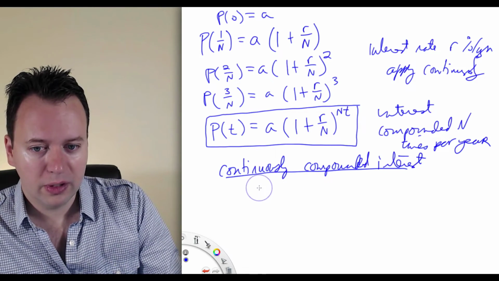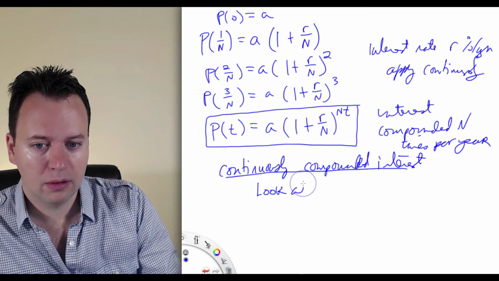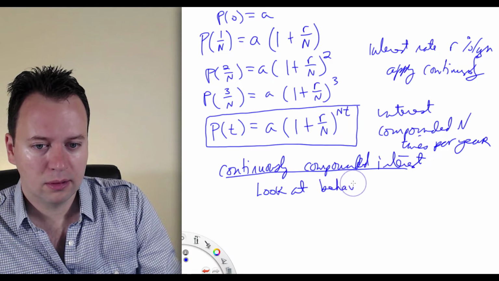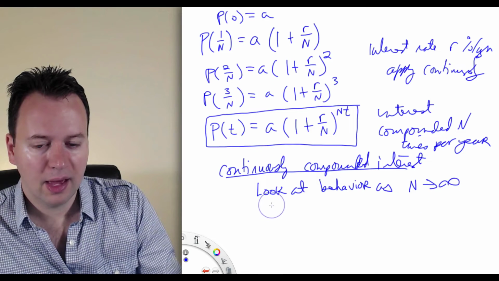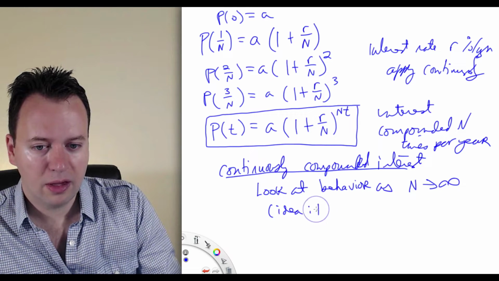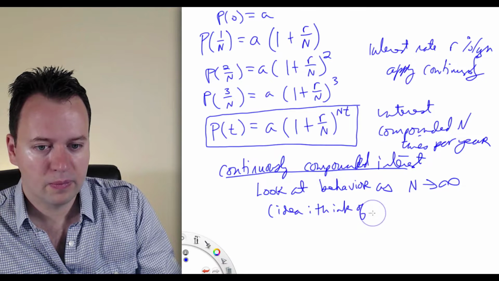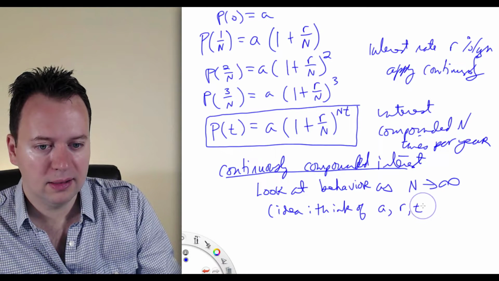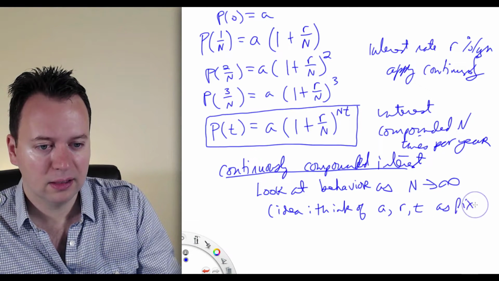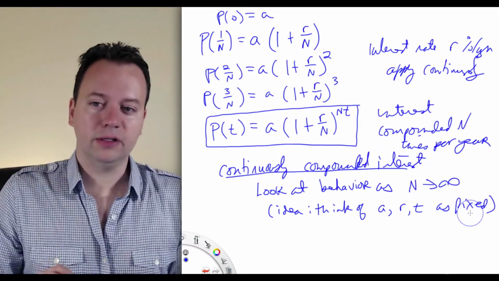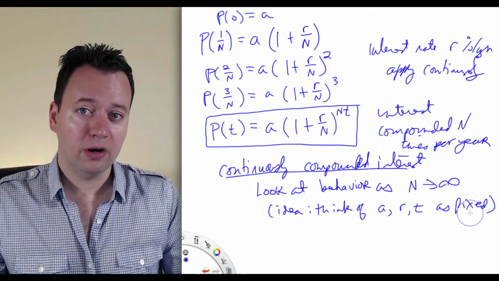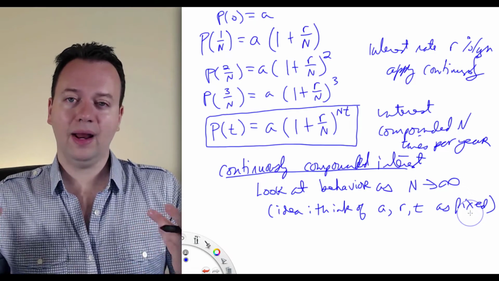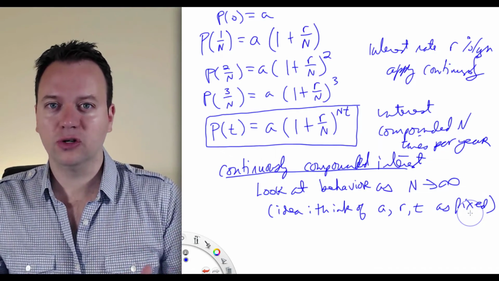So what we want to do is look at the behavior as n goes to infinity. The idea is we want to think of A, r, and t as fixed. So for a fixed initial balance, a fixed interest rate, and a fixed period of time, what would happen if we compound the interest more and more often?